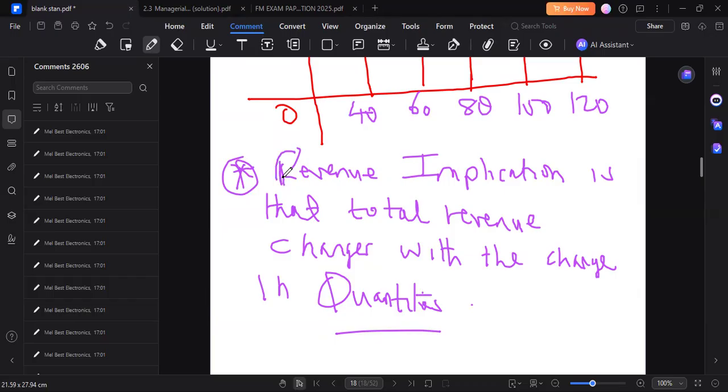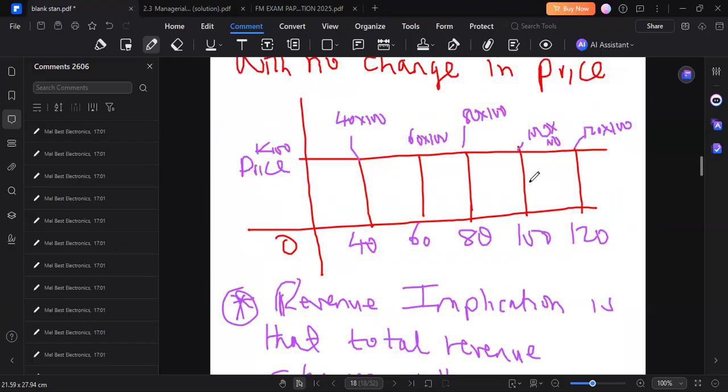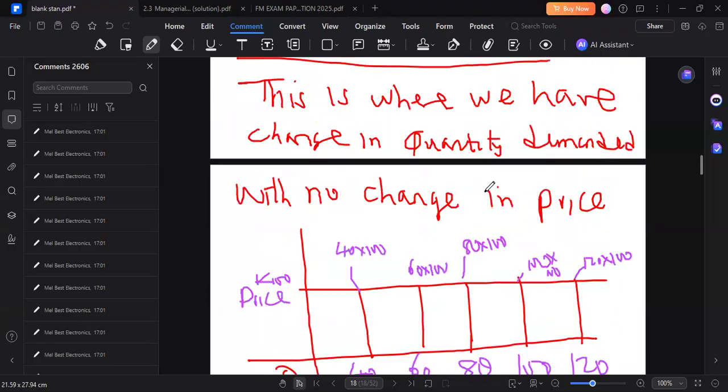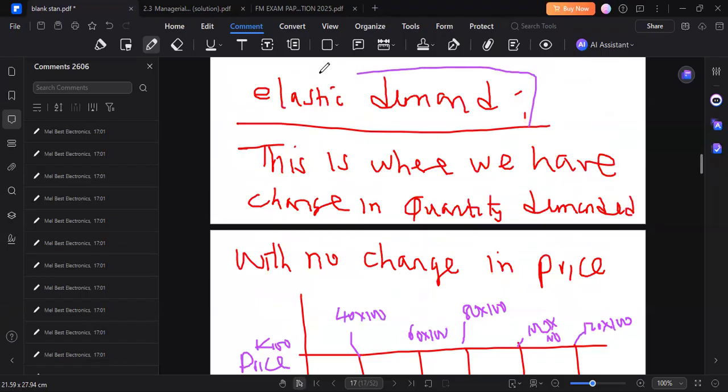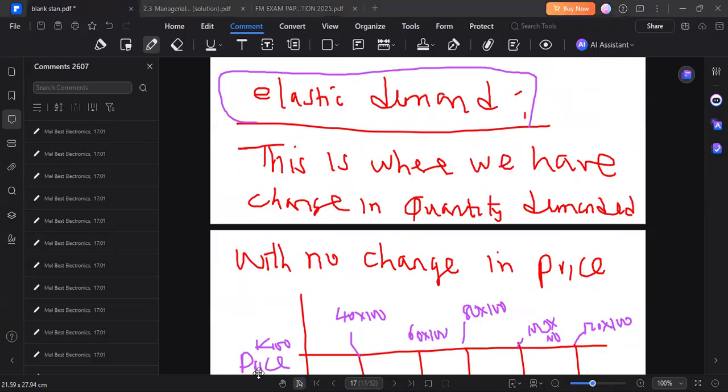You can demand more units at the same price, so what is changing is the quantity, in this case for elastic demand. Are we together so far? Have you followed? For me, I am.